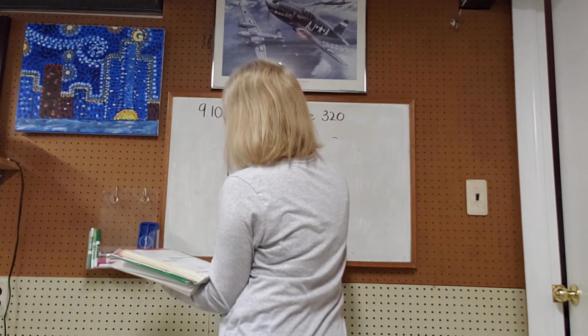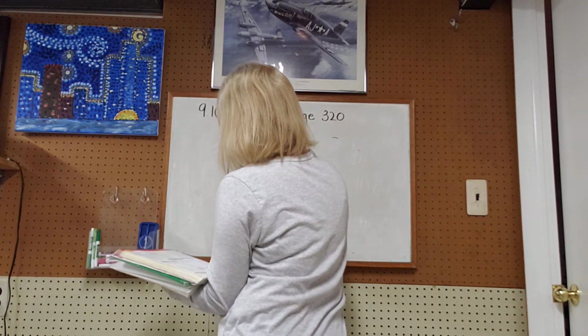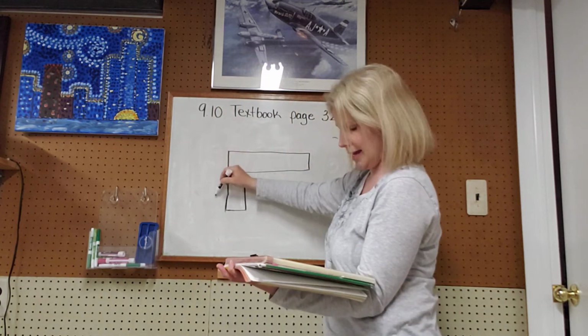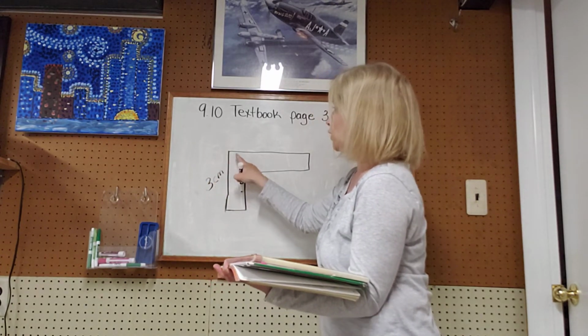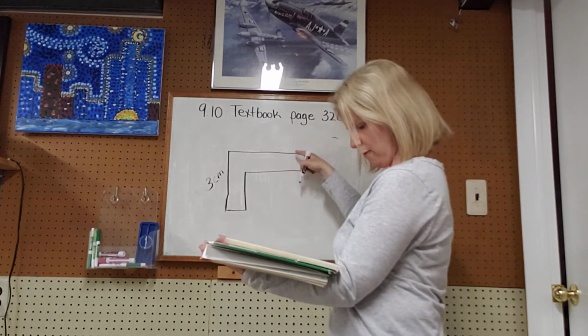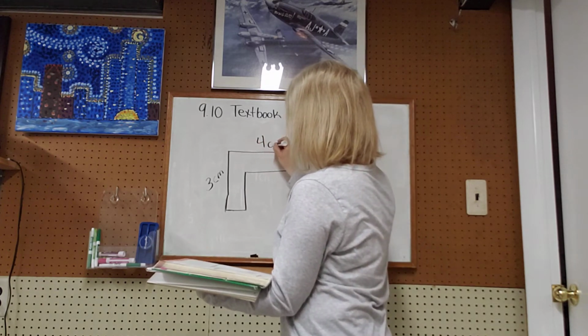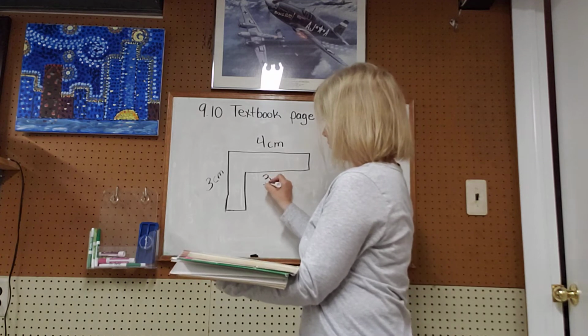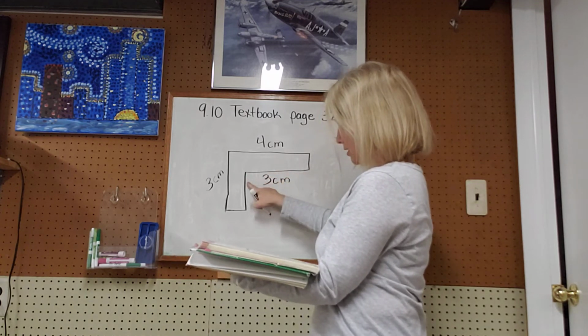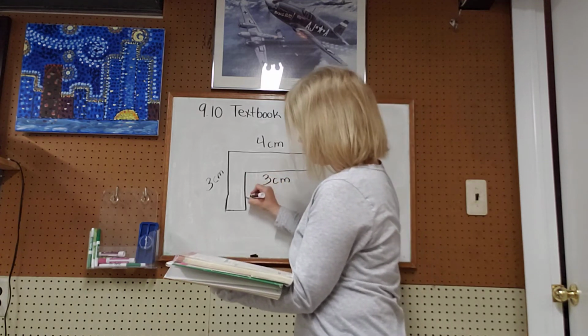So every side you had to measure. So this side you should have gotten about 3 centimeters. This long one you should have gotten about 4 centimeters. This you should have gotten 3. This you should have gotten 2.